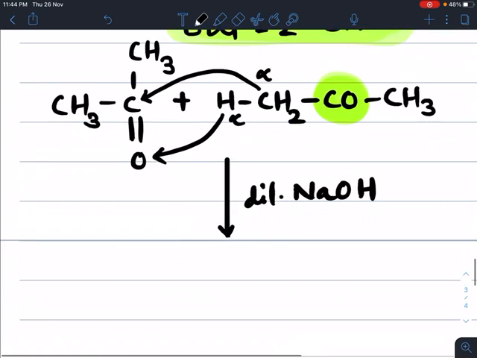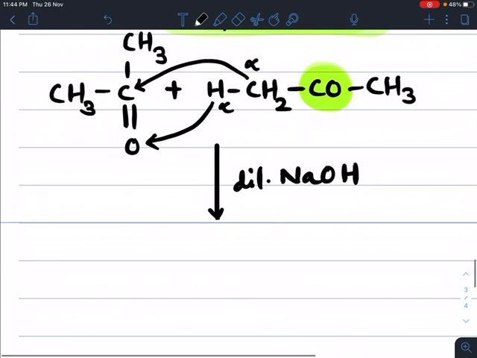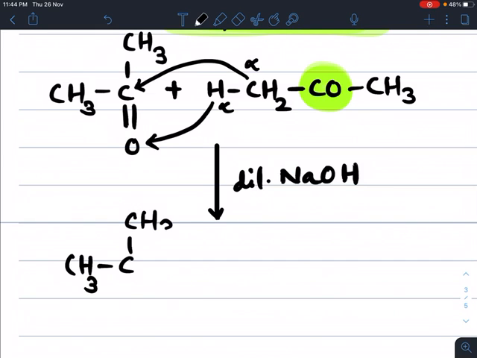Now what happened? The addition product is formed, and its formula is CH3CCH3 as it is, O is converted into OH, further bonded with CH2COCH3.